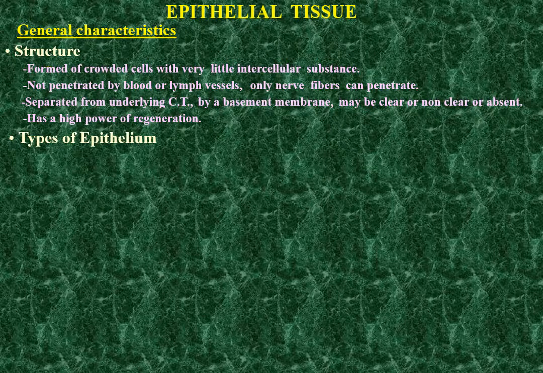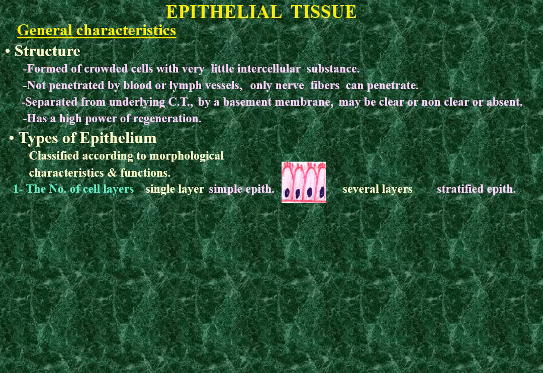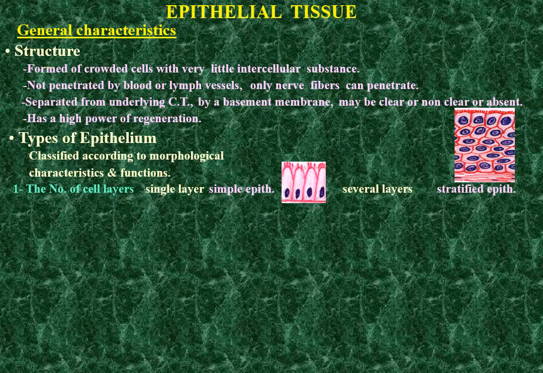Types of epithelium. Epithelial tissues are traditionally classified according to morphological characteristics and functions as follows. First, the number of cell layers. Epithelial tissue composed of a single layer of cells is termed simple epithelium, whereas epithelial tissue composed of several layers of cells is termed stratified epithelium.